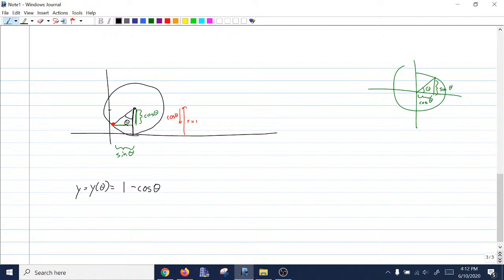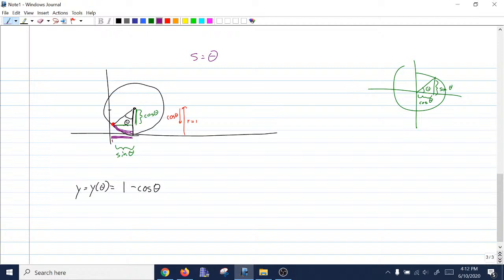How about my x value? The x value is trickier. I need to think about this arc length needing to match this x distance, the base x coordinate before I move left by sine theta. You go back to your arc length thing. The arc length is just r theta, and our r is 1.